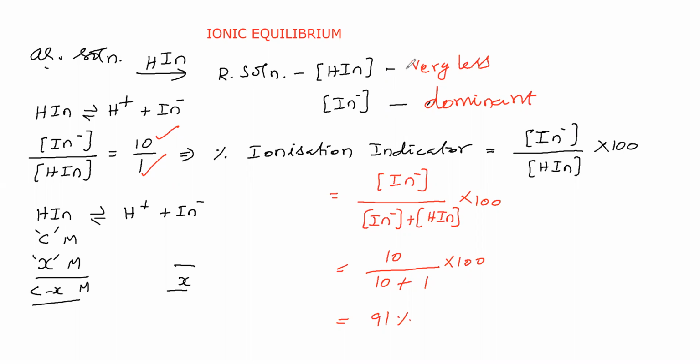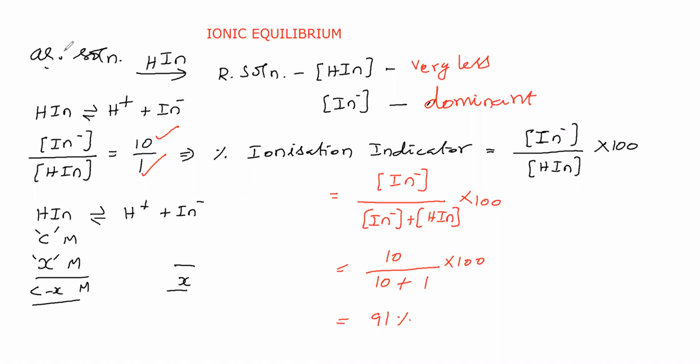Now, does this solution have the color of IN minus or the color of HIN? Color of IN minus only we can say. So the IN minus color is what will appear in this solution.